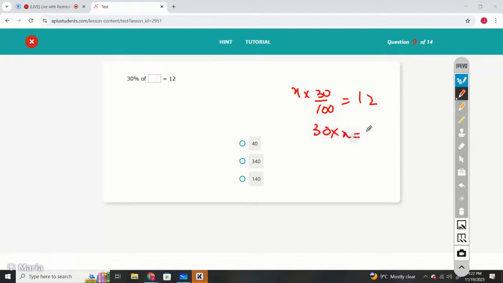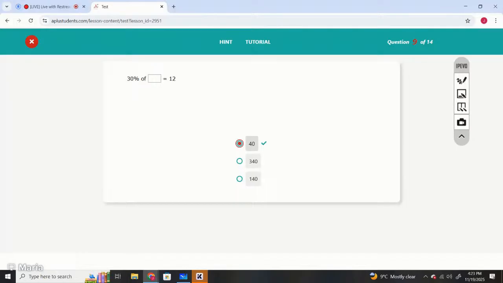That is 30 times x equals 1200. x equals 1200 divided by 30. 40 it is. 30% of 40 is 12. The correct option is 40.